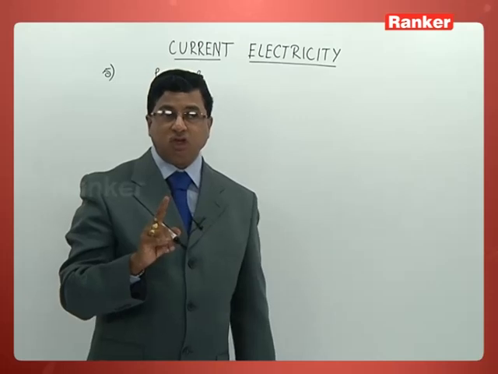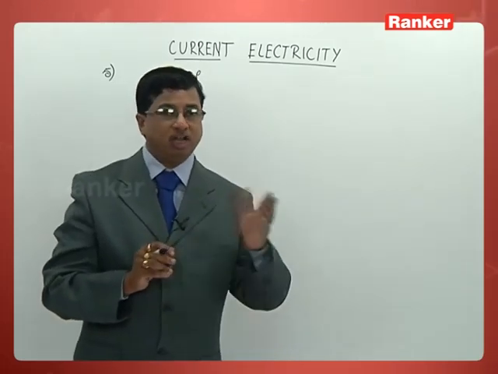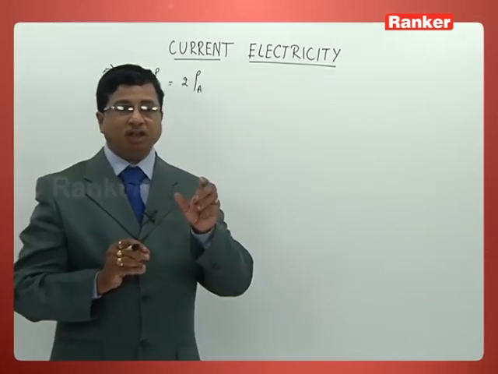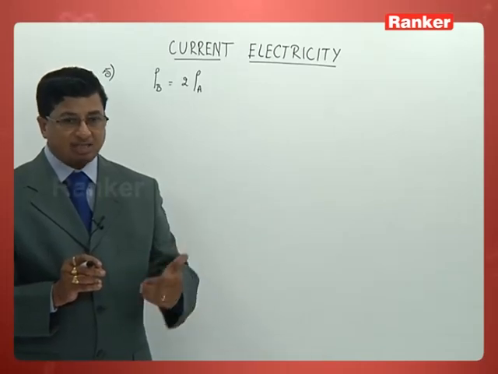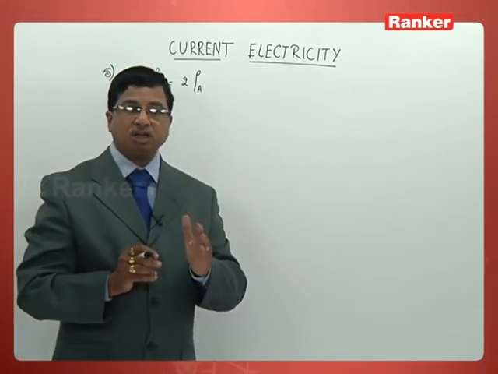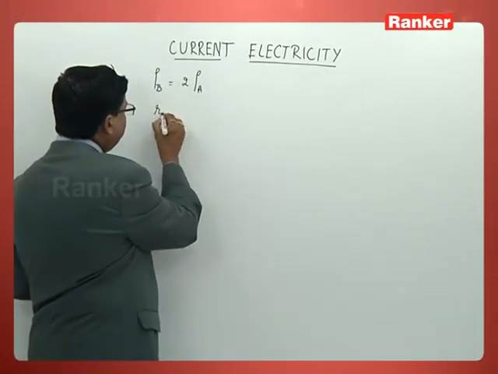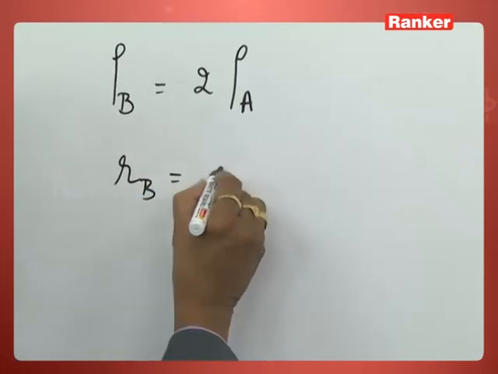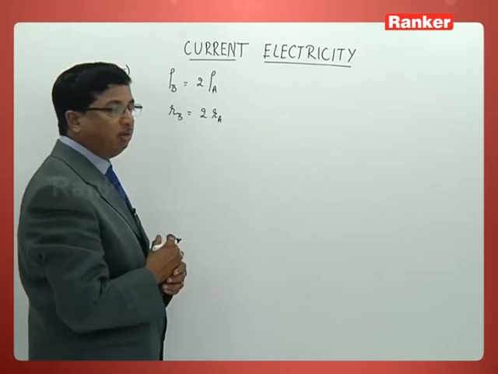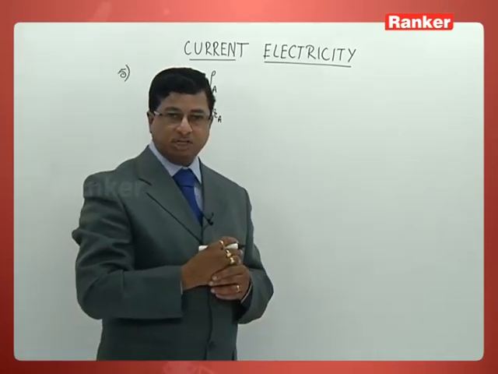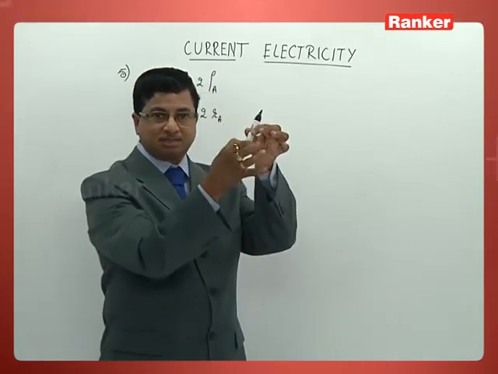Fine. What next? A circular cross-sectional wire made of B has twice the diameter of a wire made of A. So, radius of cross-section of B is again twice the radius of cross-section of the wire made of A. So, you people can understand the wire is going to have thickness like this.